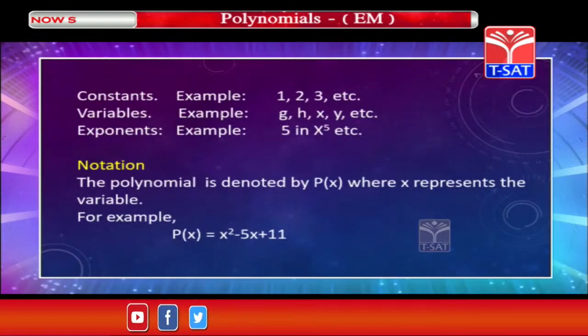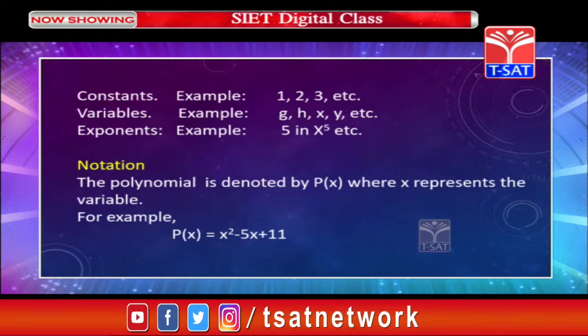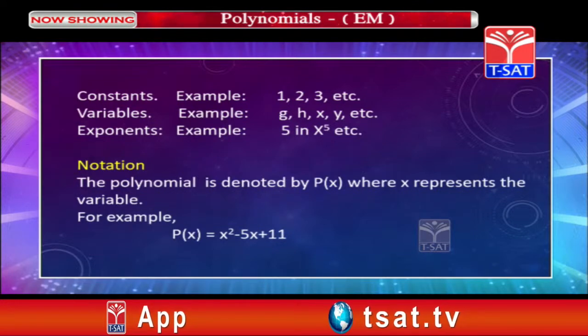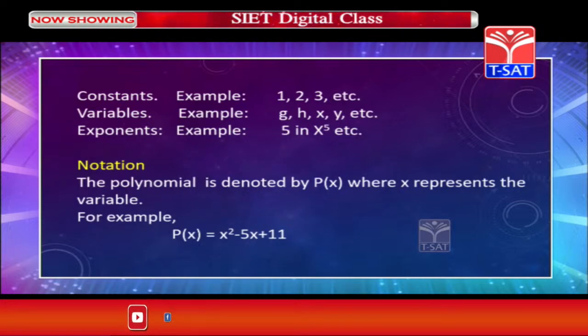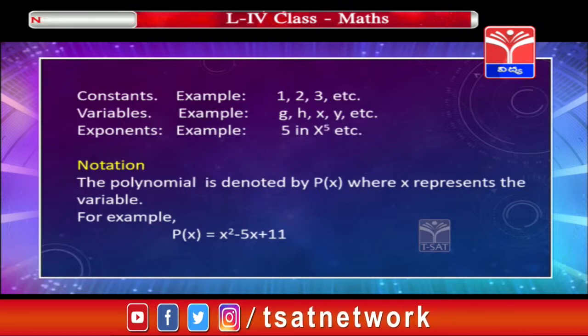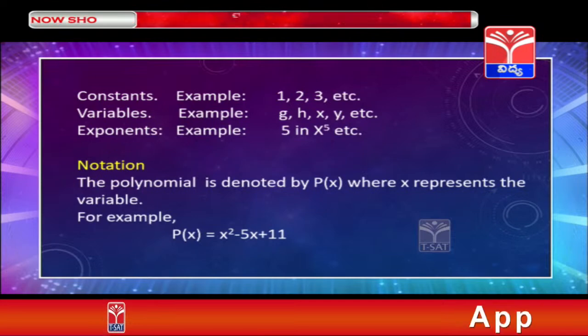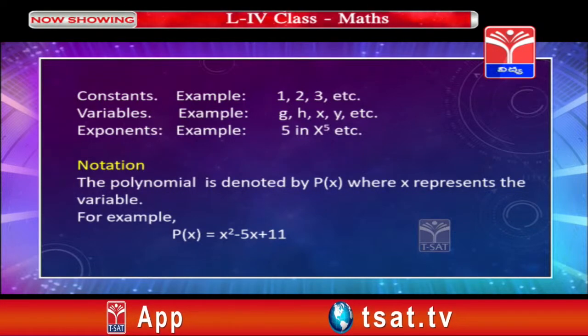Now, a brief discussion about these terms. One is constants, for example numericals such as 1, 2, 3. Then variables g, h, x, y, etc. Generally we use x, y, z, t as variables, and sometimes we use a, b, c as constants, and sometimes we also use a, b, c as variables, but the most frequently used alphabets are x, y, z, g, even g, h.